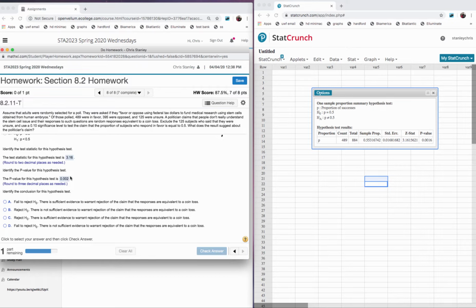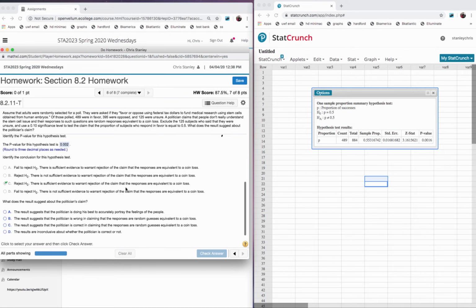And I get a p-value of 0.002. So 0.002 is definitely less than that significance level. So we should be rejecting. Whenever we reject, we have evidence to reject the null and find evidence for the alternative. Okay, so we rejected the null.